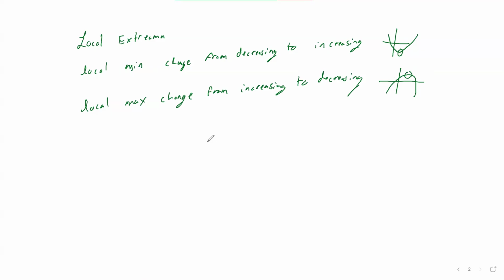And then we just have a new way of saying average rate of change, also known as AROC. It is now written as f of b minus f of a over b minus a.